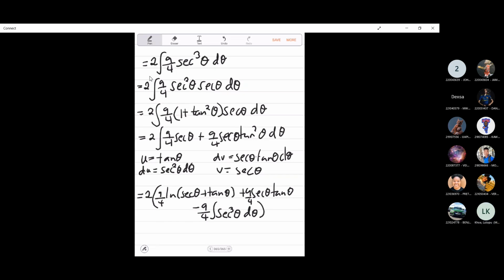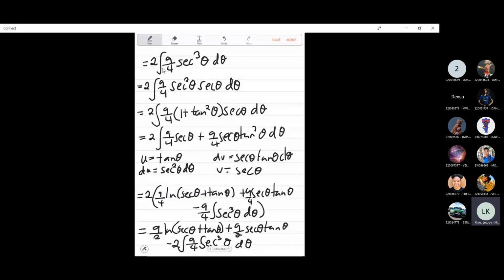So we have 9 over 2 ln of sec theta plus tan theta plus 9 over 2 sec theta tan theta, then minus 2 times the integral of 9 over 4 sec theta sec cube theta d theta.